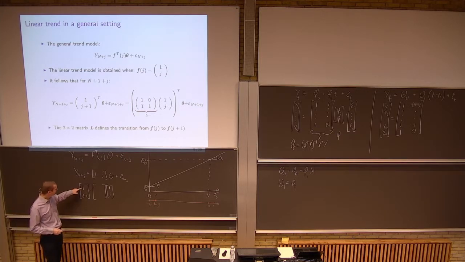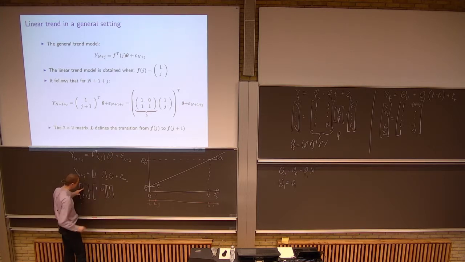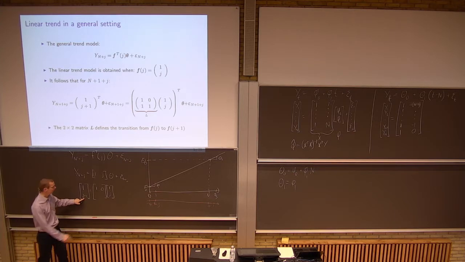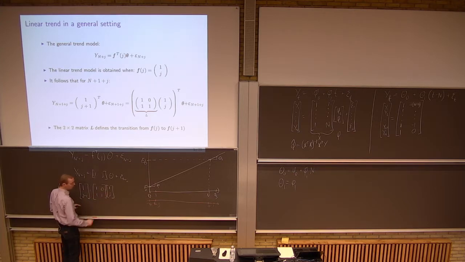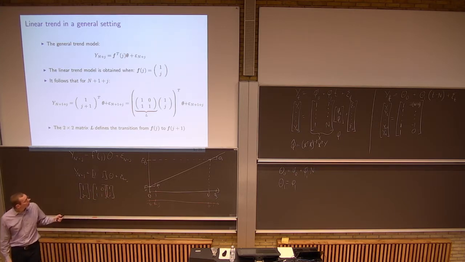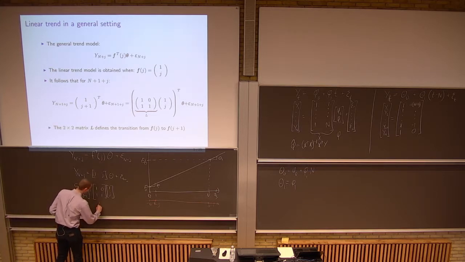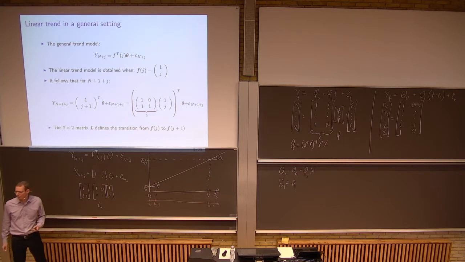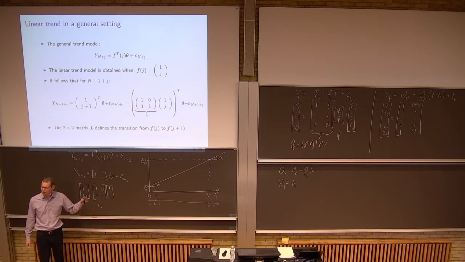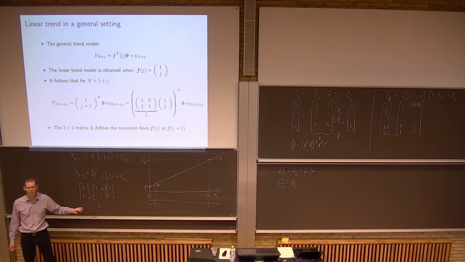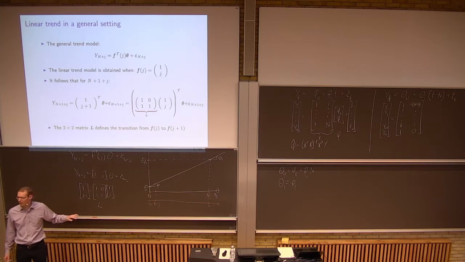So what you want is the first coordinate here should be the same, so you want a 1, 0, and the second one should be the sum of those two, 1, 1. We define this matrix as L. It's a forward shift operator. So when you pre-multiply by L, you go forward in time. If you pre-multiply by the inverse of L, can you guess what happens?